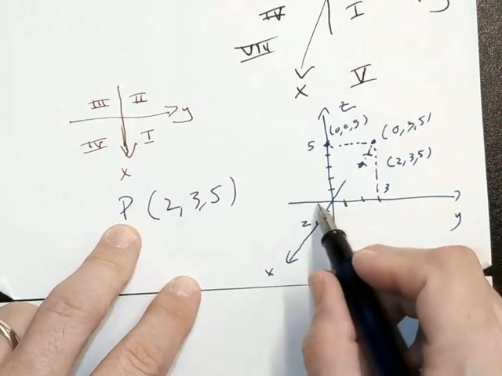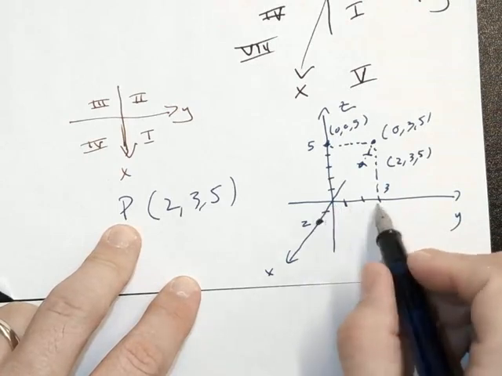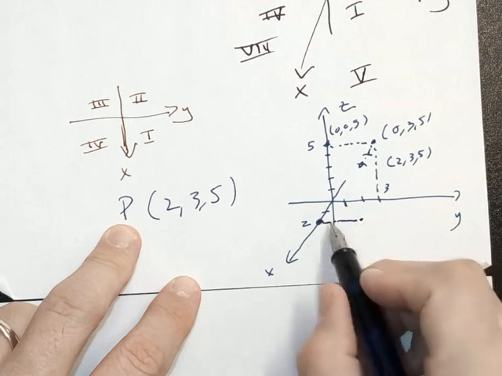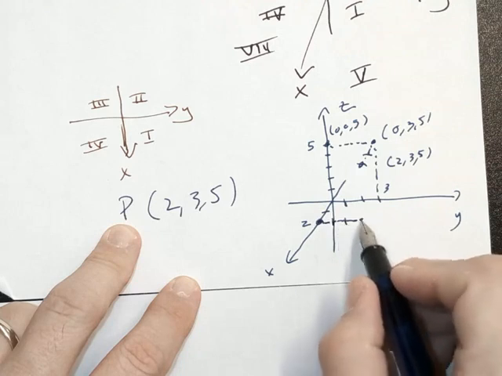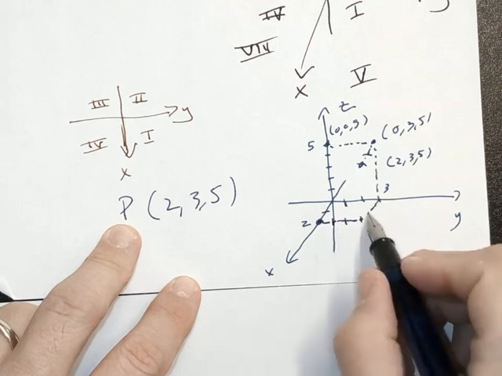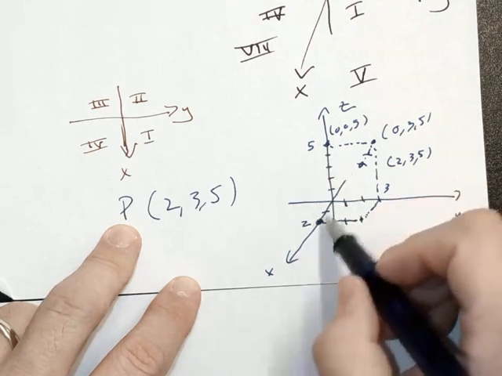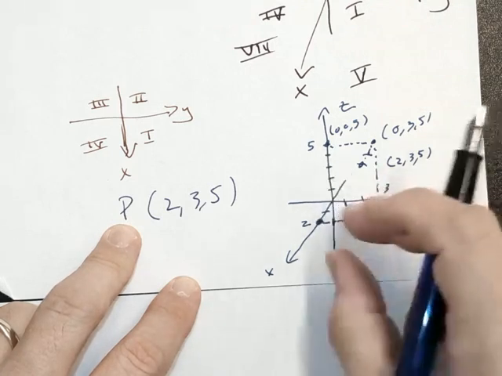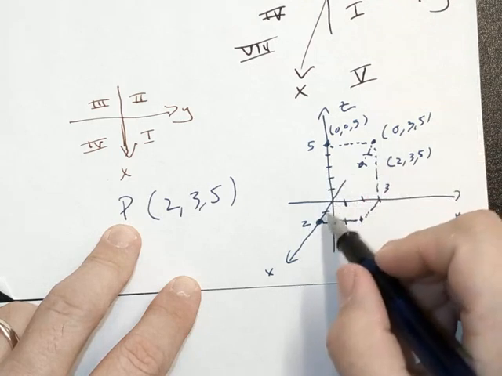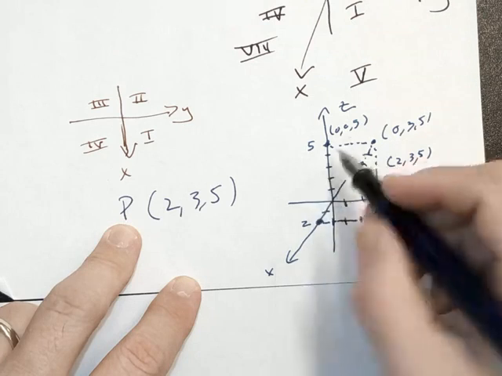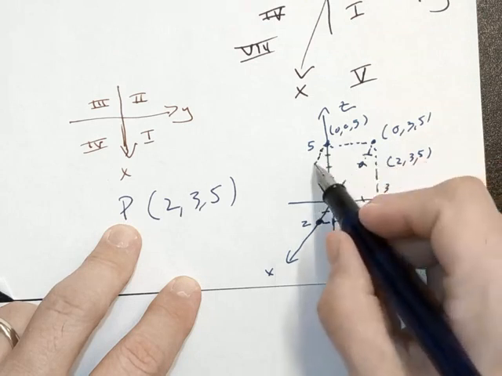But I'm starting further to the left than I would be up here. That means that I have to end further to the left. 1, 2, 3. Similarly, I could have gone out 2 and then up 5, but since I'm starting from a position that looks lower, I'm going to have to finish lower.